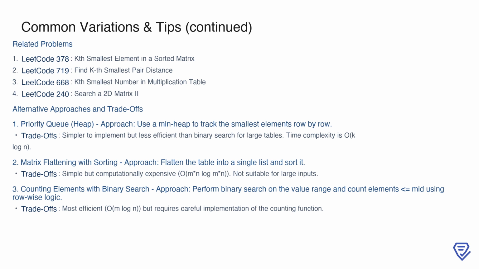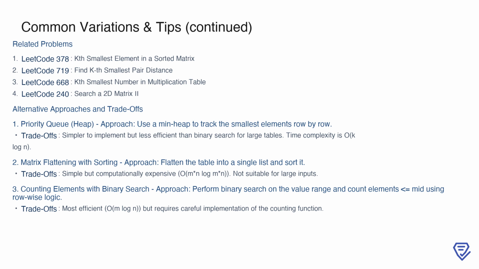As for alternative approaches, one option is using a priority queue, or min-heap, to track the smallest elements row by row. While this method is simpler to implement, it becomes less efficient than binary search for large tables, with a time complexity of k log n. Another approach involves flattening the multiplication table into a single list and sorting it.